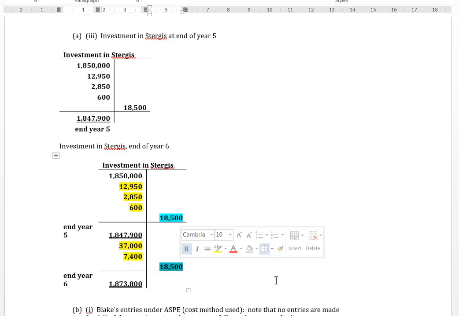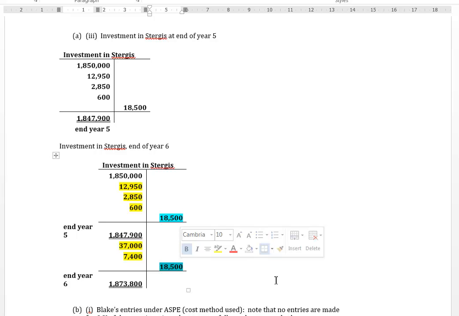And don't forget, we also have to reduce the investment in Sturgis by the amount of the dividend. So if you go back to your December 31st, year 6 entries, you'll see that we made an entry at the end of the year to record our share of the cash dividend we got from Sturgis. That increased our cash because we got paid the dividend, and it decreased the investment in Sturgis account because, under the equity method, we see these dividends paid by the associated company as a return of our investment.